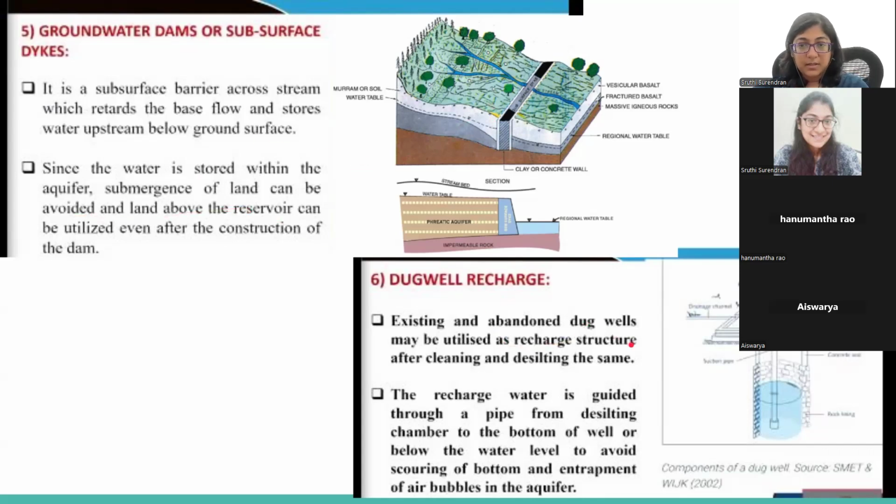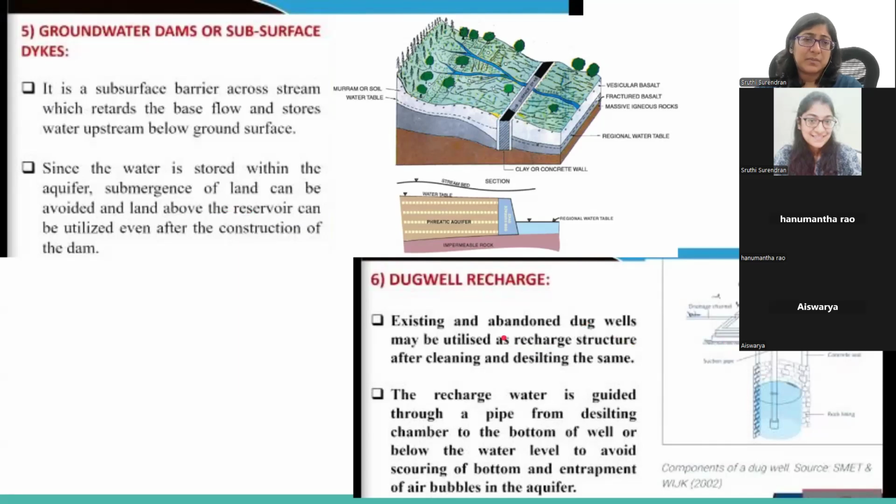Then there's dug well recharge, which is also something we are familiar with. Old wells, or wells that are not contributing a lot, can be used to store water for the purpose of recharging groundwater. Again, if it has to be recharged, you need a desilting chamber at the bottom of the well or below the water level, so that silt or sand doesn't come out because of the force of the water.